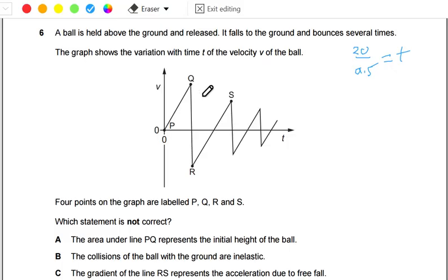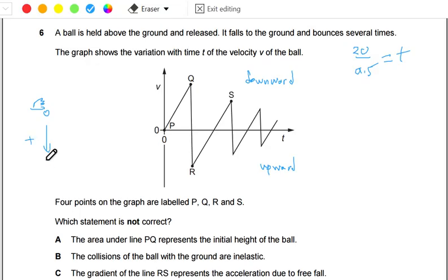velocity either downward. The downward velocity is the positive direction velocity, or the negative velocity is upward. Here is upward and here is downward, because we started the motion releasing the ball downward.